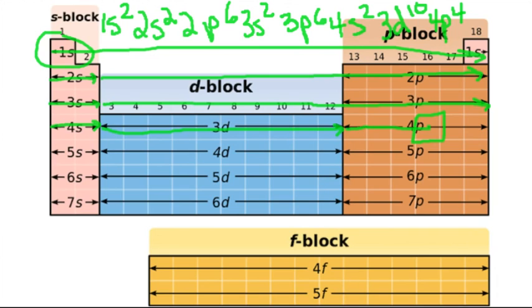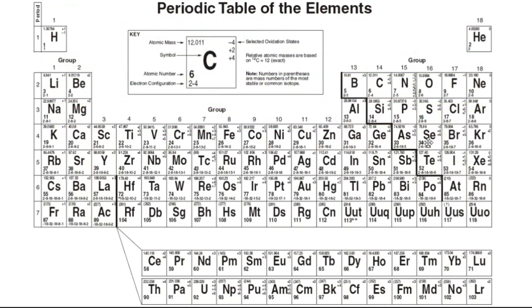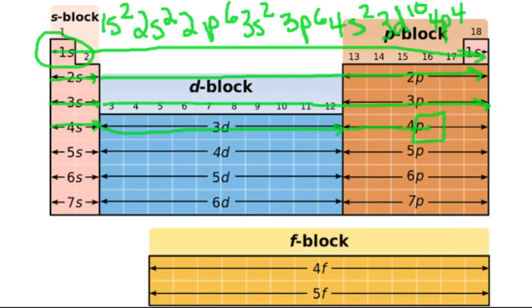Let's go ahead and find the noble gas configuration for selenium. Okay, so we need to find the noble gas that comes just before selenium, and it looks like that would be argon. All right, so argon is going to be this box here.